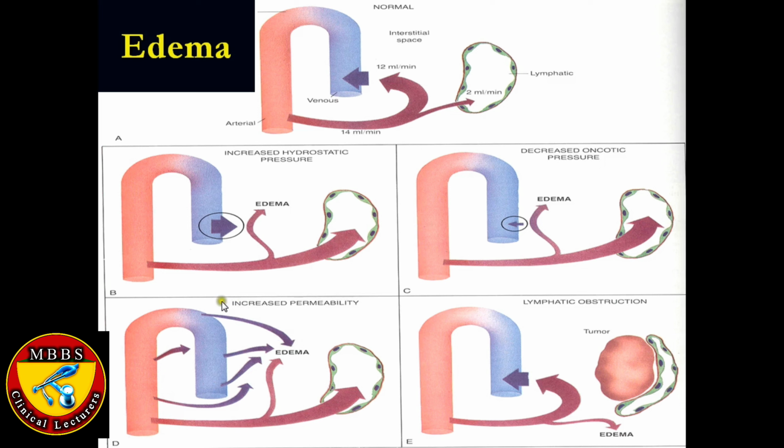So, this is a situation where there is inflammatory edema, with increased permeability of the endothelium, and these three situations are where there is non-inflammatory edema, where the causes would be differences in the forces acting on the blood or due to abnormalities or blockage in the lymphatics.